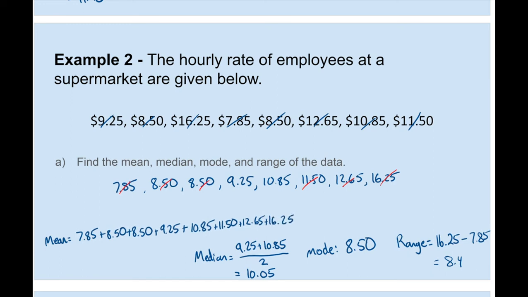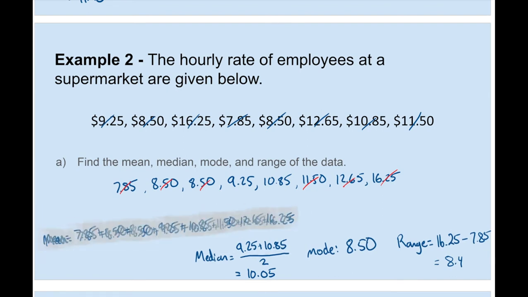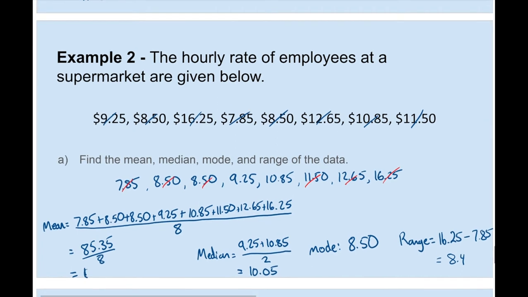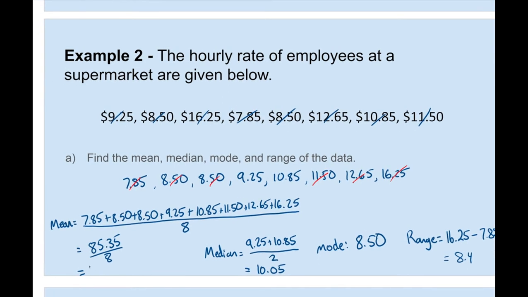Let me just move this up. And we're going to divide all of this by 8, because that is how many data points we have. So when we go through and we calculate this, or add them all up, we should get 85.35 divided by 8, which gives us a mean of 10.67.